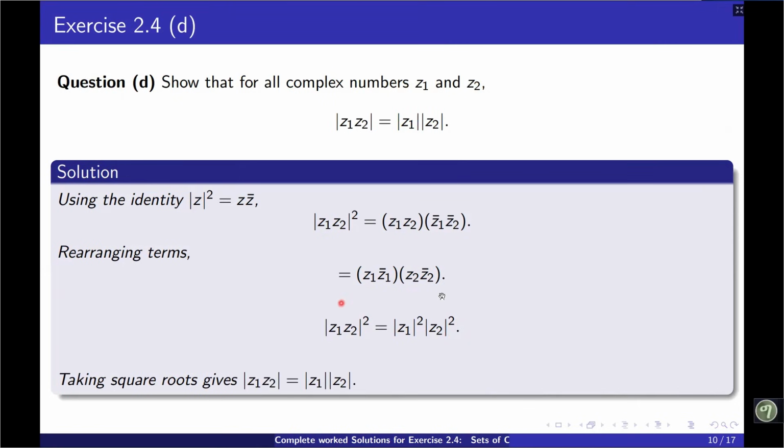Therefore, taking the square root of both sides of this equation, since a norm is simply positive, we get the norm of the product of z1 and z2 is equal to the product of the norm of z1 and the norm of z2.